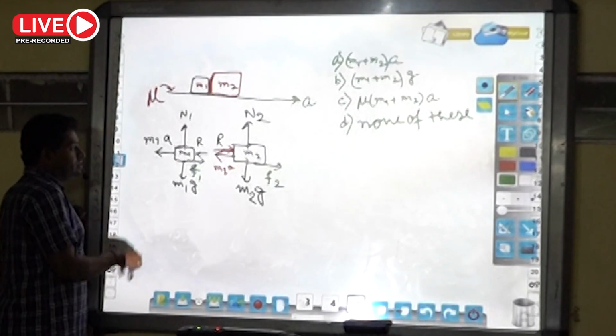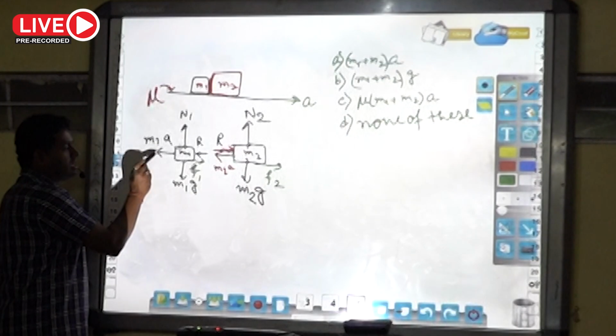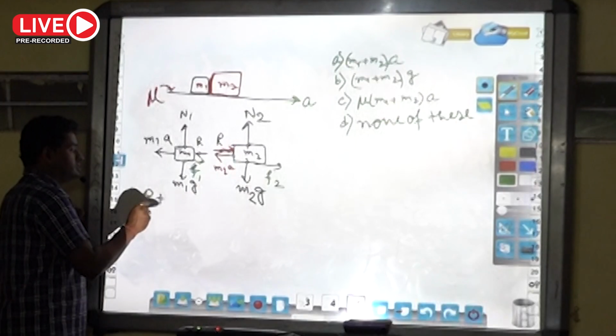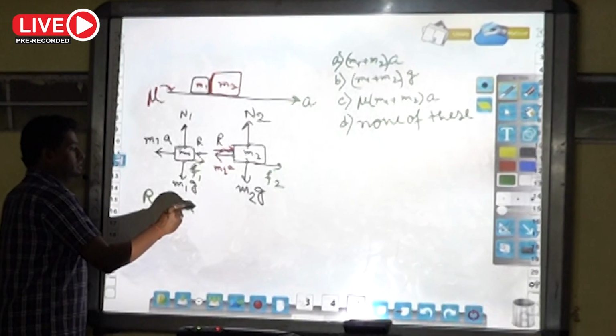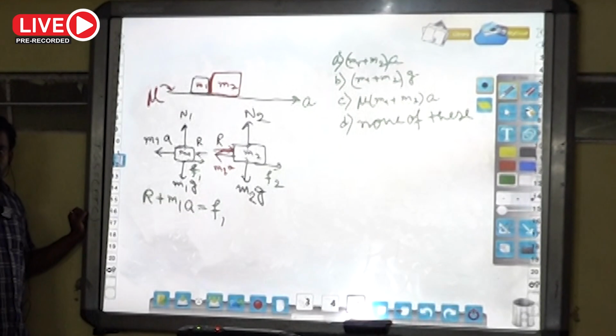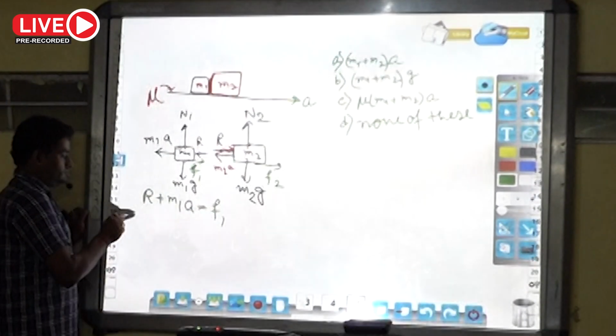So for horizontal equilibrium, there are two horizontal forces, M1A and R. For horizontal equilibrium from the non-inertial frame, M1A plus R should be equal to F1. So they are balancing each other since we are measuring everything from the non-inertial frame.